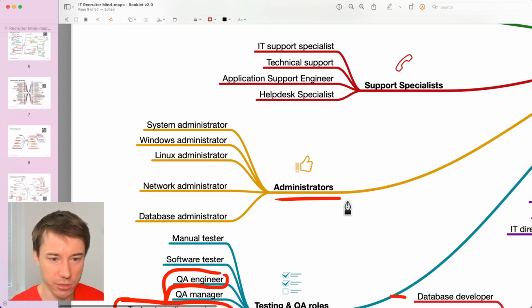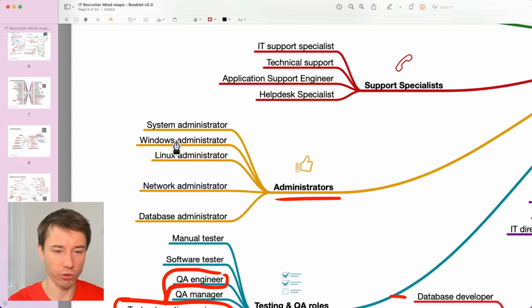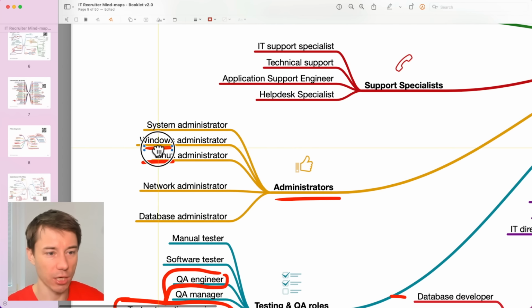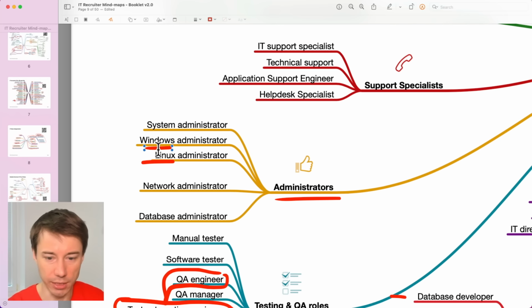Okay, administrators. There are system administrators, or some administrators focus on a very specific platform, a specific operating system, for example, Windows or Linux. So those who specialize in Linux are Linux administrators, and those who specialize in Windows are Windows administrators.